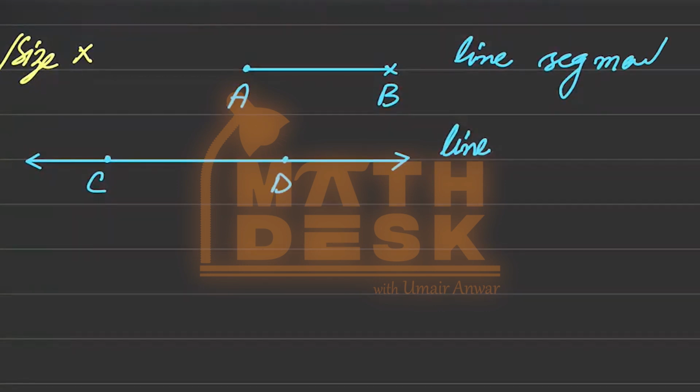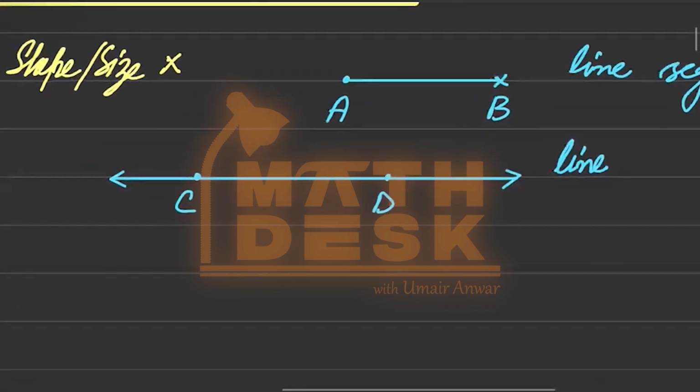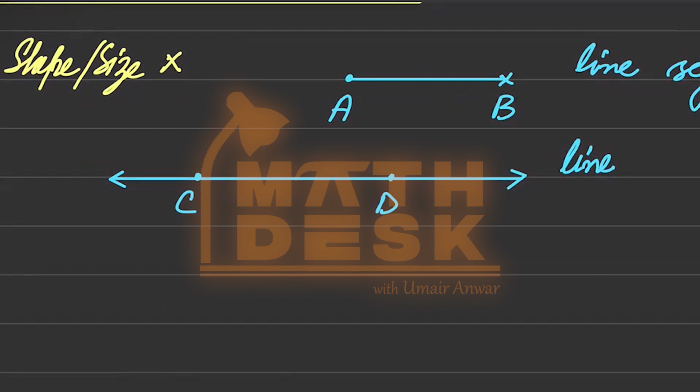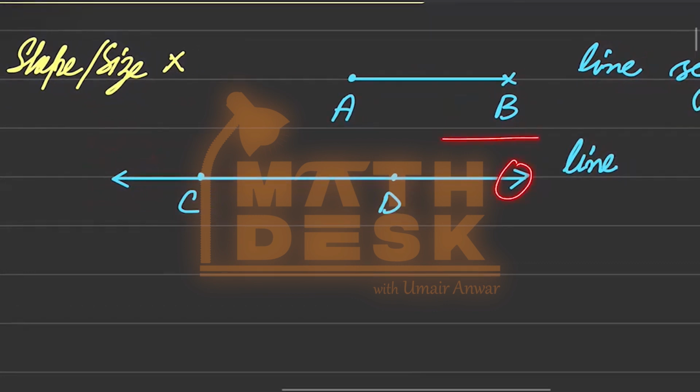Normally the lines we discuss are actually line segments, because a line is always extending itself in both the directions. And that extension here is shown by these arrowheads, that the line would keep extending to this side, and even it would be continuously extending itself in the rightward direction also.